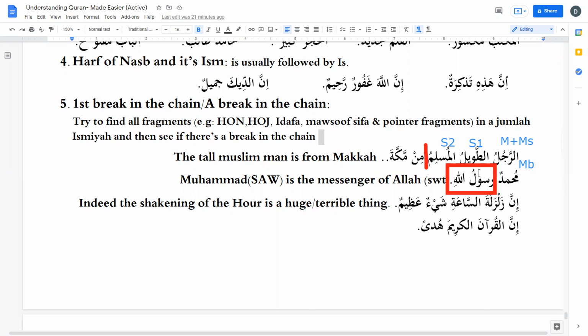This is mudaf, right? And Allahi, ism jalala, is mudaf ilayh. Both are together making khabar. Yes, you are right, absolutely. So both are together making khabar.